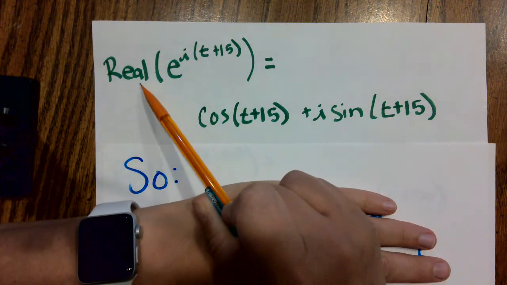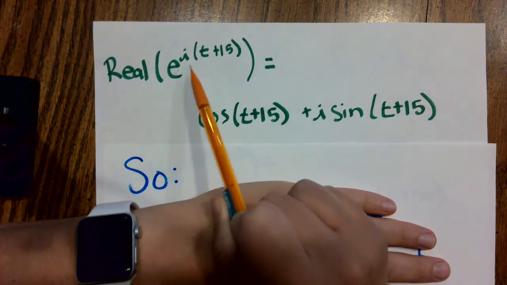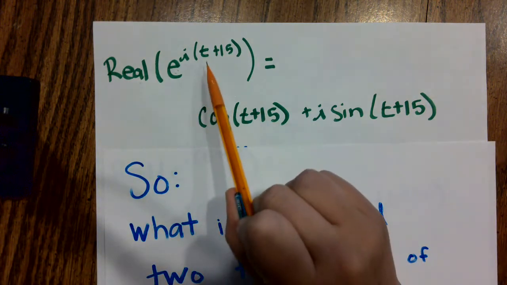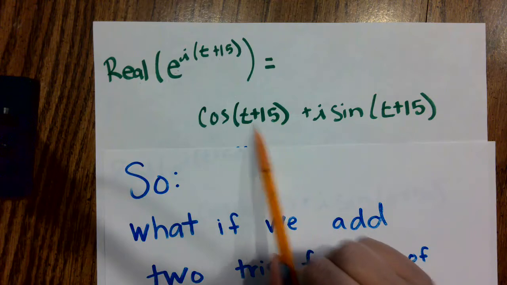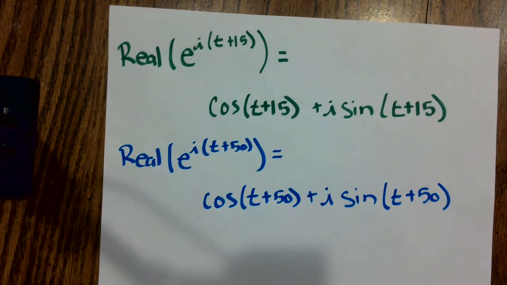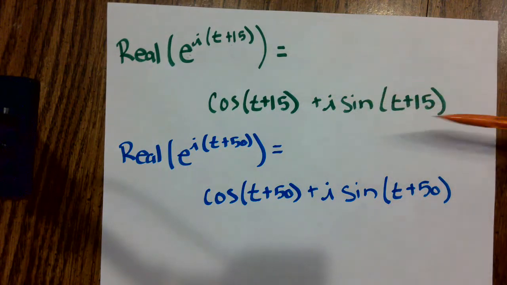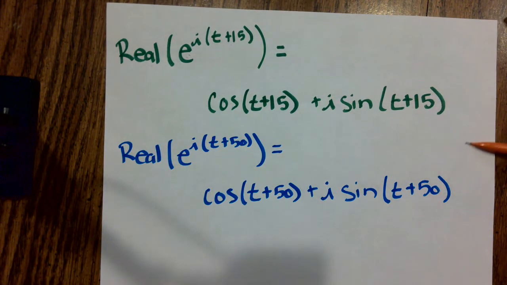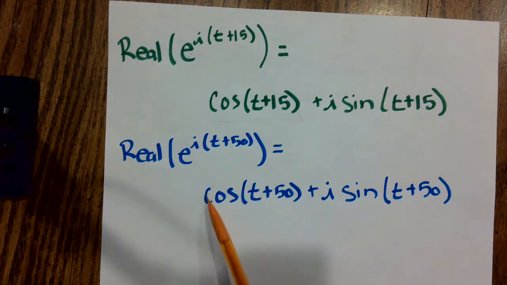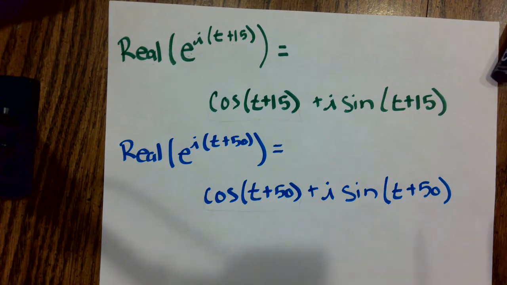So we can deal with this value, but just focus on my real part, because this is what I want to add. So I can replace my t plus 15 into my equation, and then I can also replace my t plus 50 into my equation. Again, I'm just going to be focusing on the real part because I want to add this to this.